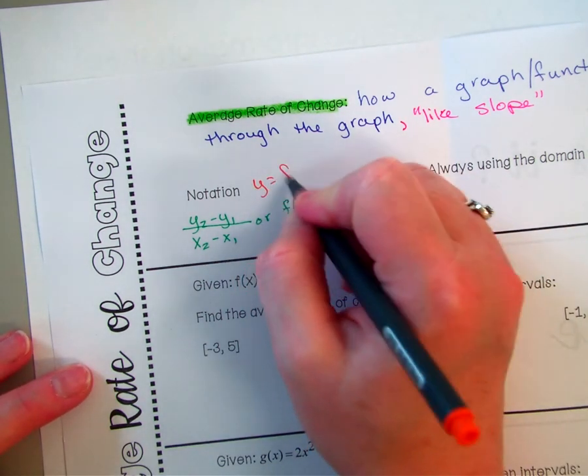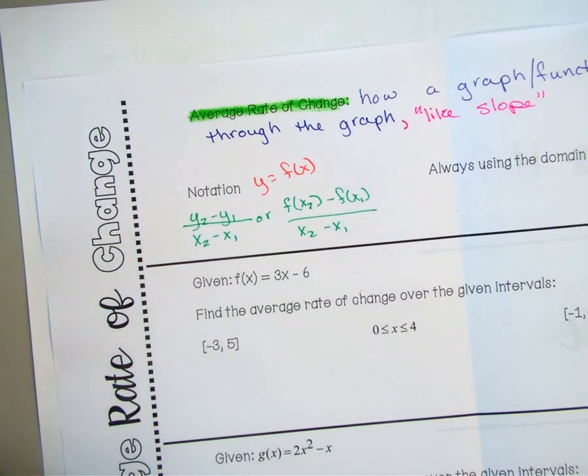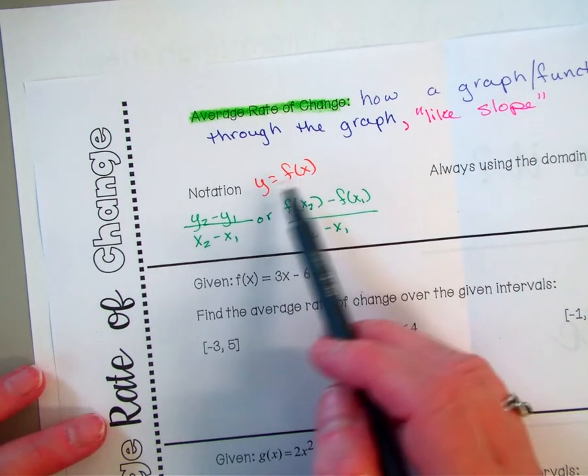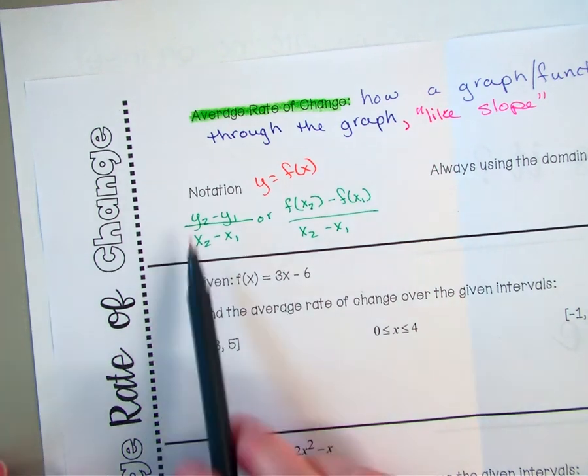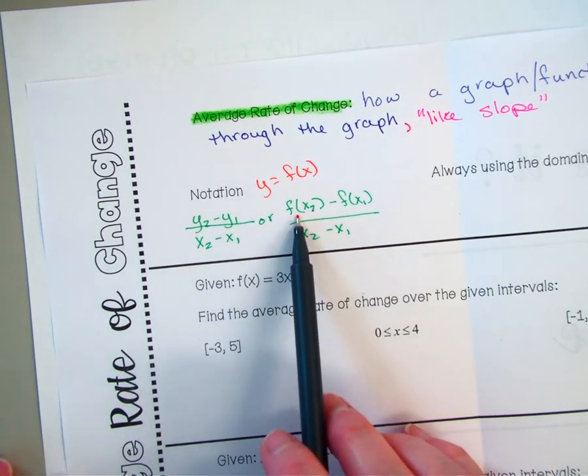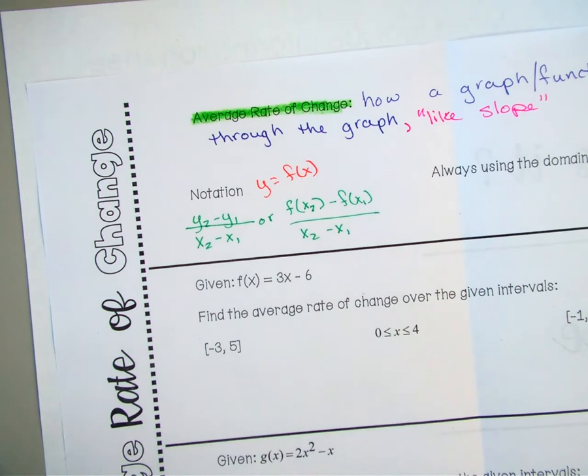Y is f of x. And that can go reversibly. F of x is your y. So those 2 things are interchangeable. So whether we actually say y2 minus y1 or f of x2 minus f of x1, we're saying the same thing. So your average rate of change looks a lot like your slope formula. It's very similar to it.